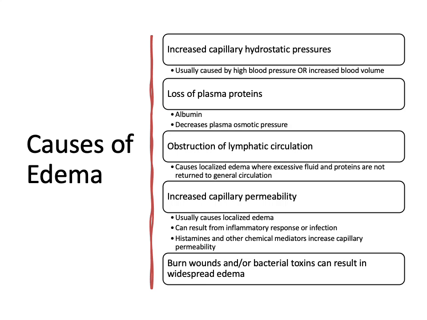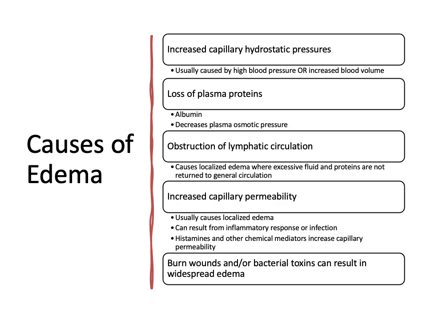So, excessive fluids and protein are not in your general circulation and they're still in the lymphatic system and they're not able to get out. So you do see swelling when it comes to that. You can have increased capillary permeability, and that also causes localized edema.